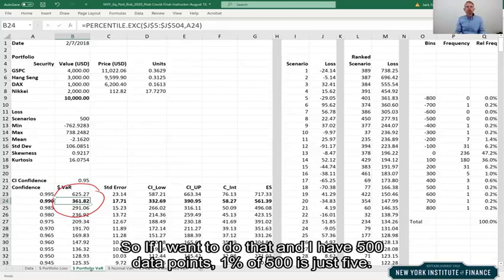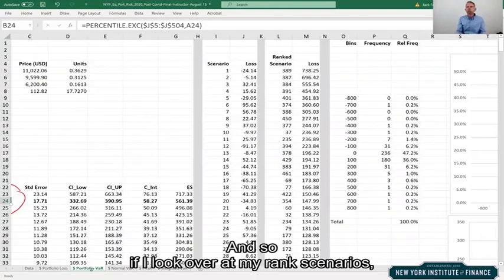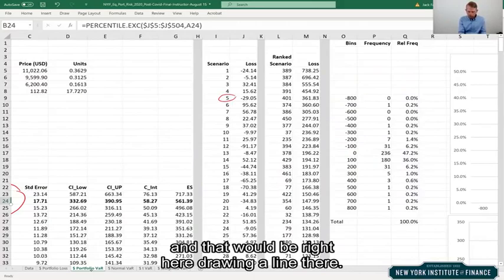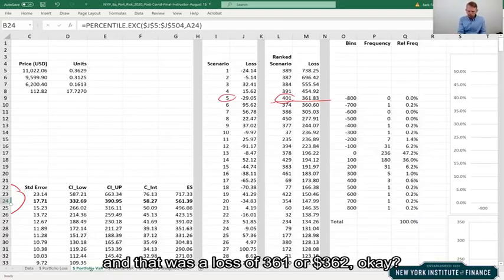So if I want to do that and I have 500 data points, 1% of 500 is just 5. And so if I look over at my rank scenarios, basically if I go to scenario number 5 here, and that would be right here, drawing a line there, my 5th worst scenario was scenario 401, and that was a loss of $361 or $362, okay?